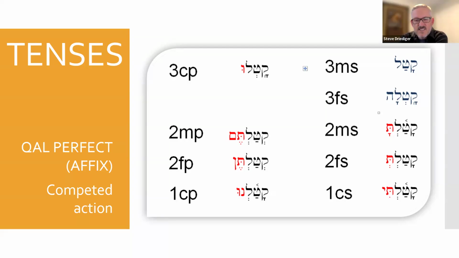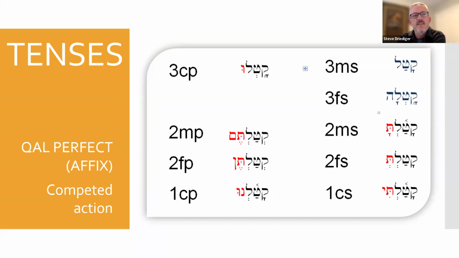Now, let me just point this out because it's something that's going to come up again. If you look at the third feminine singular, the first vowel under the qof, there's a patach there, but then there's also a vertical line, and I'm going to actually have to go back, or maybe Ralph, can you remember what that vertical line is called? I forget the name of it. Okay, I'll look it up. So we'll get the name of it because I'm pretty sure it is on the final exam.